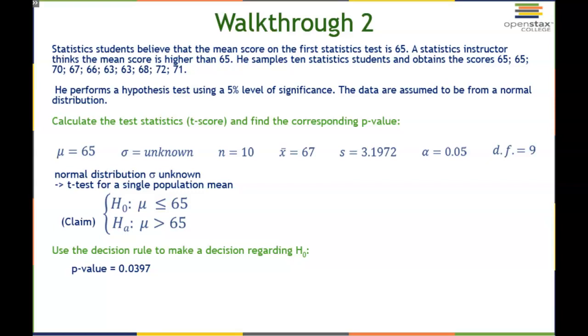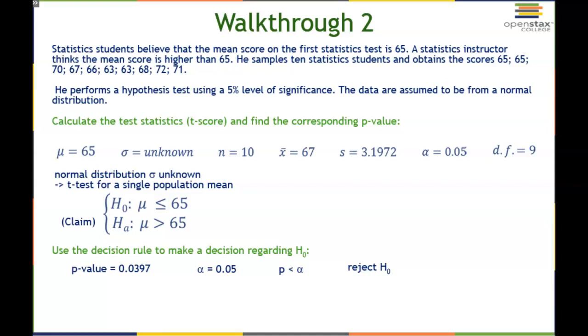Our p-value is 0.0397. Our alpha is 0.05. Our p is less than our alpha, and therefore we reject H0. The good news is, even though we're saying our H0 is bad, we're rejecting it. That means our HA is good, and our claim was an HA, and therefore our claim is good.